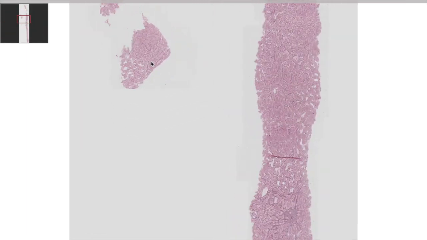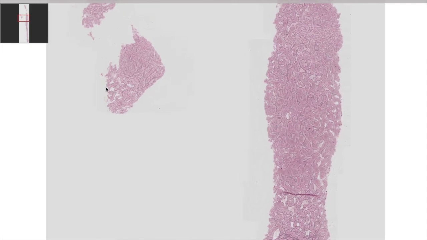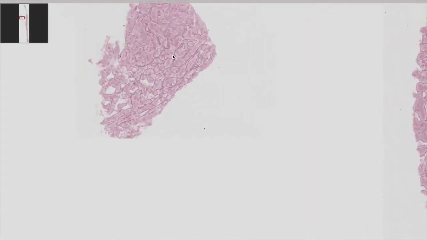And we can go to another part of the biopsy. Let's look at this fragment. You have here the nodular area with thick trabeculae, and here adjacent the area with sinusoidal dilatation.